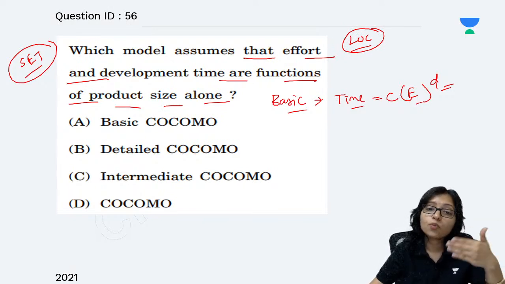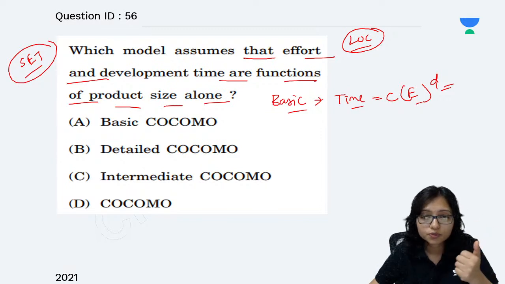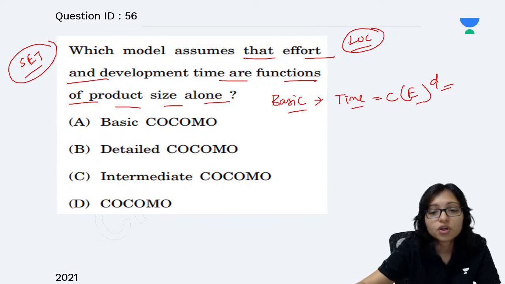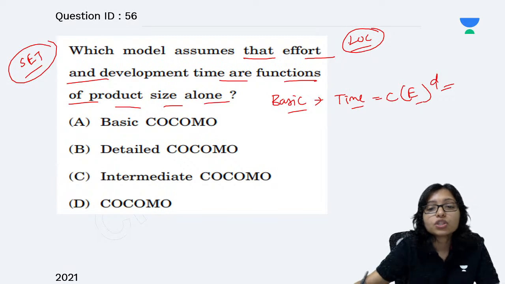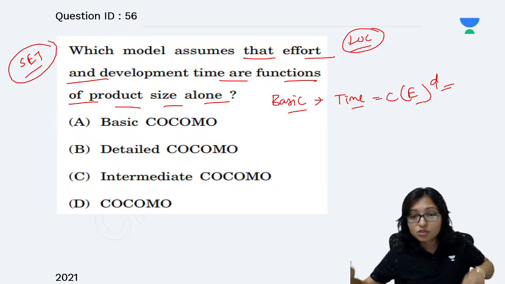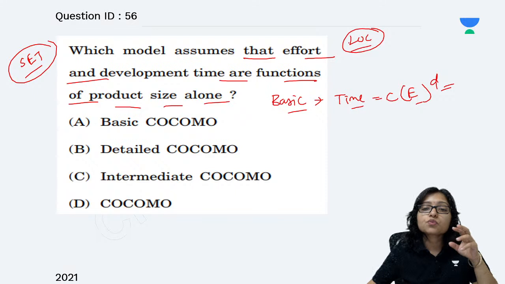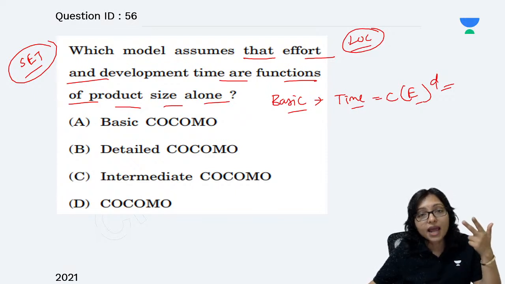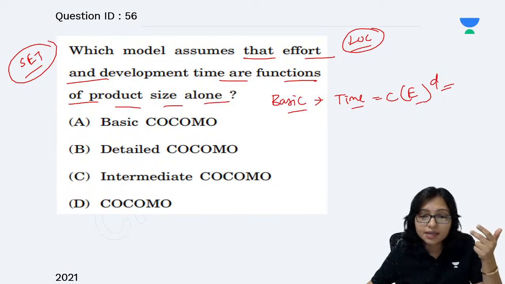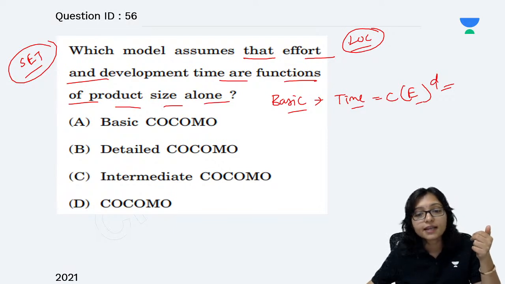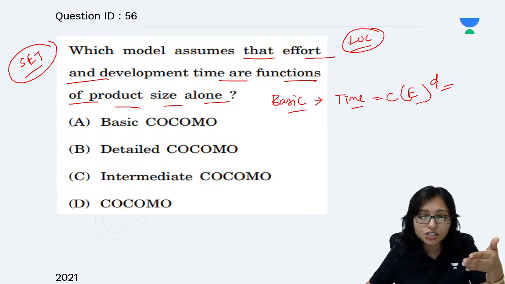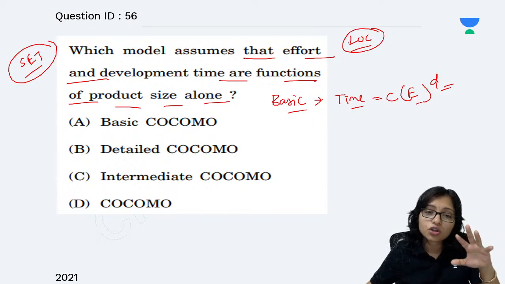So that is intermediate COCOMO. Now, detailed COCOMO is more detailed, focusing on 6 phases. What are the 6 phases? Planning and requirement, system design, detailed design, module code and testing, integration testing, and cost constructive model.